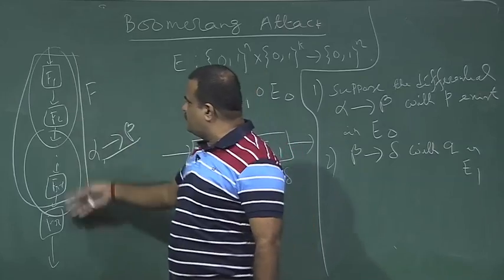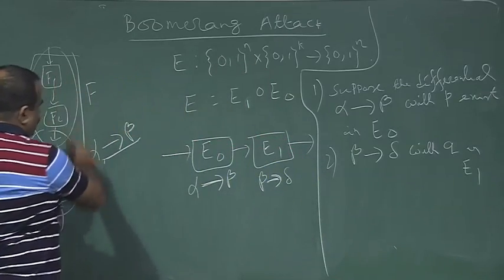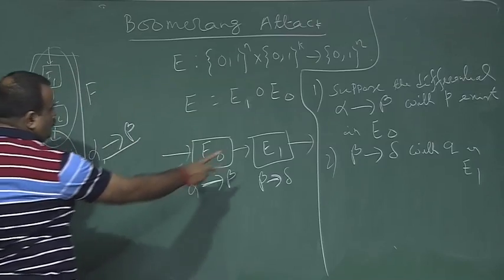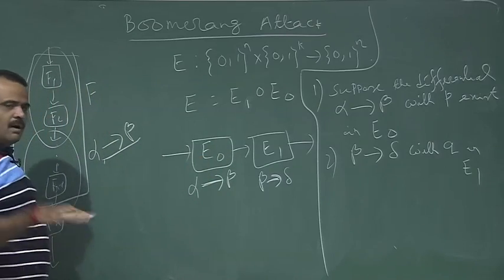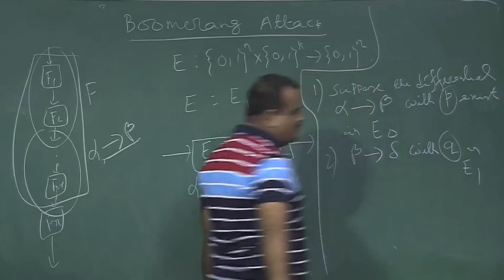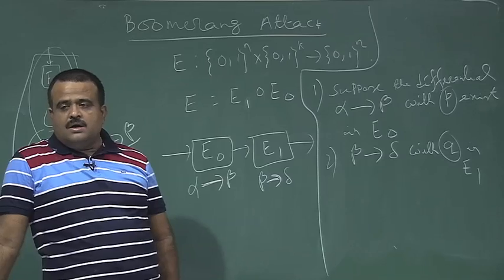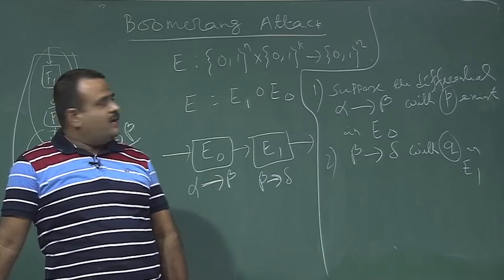Instead of having a long difference, we find short differences on shorter rounds than the whole cipher. If these two probabilities are significantly high, like more than half, then one can mount the differential boomerang attack.